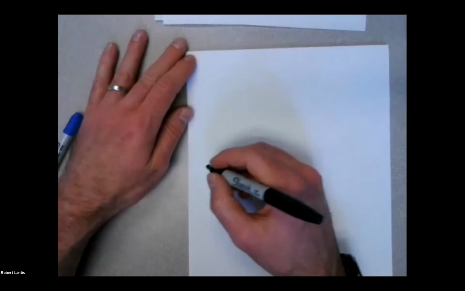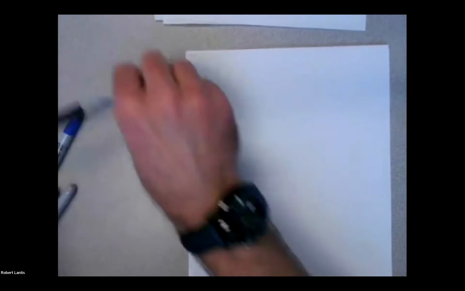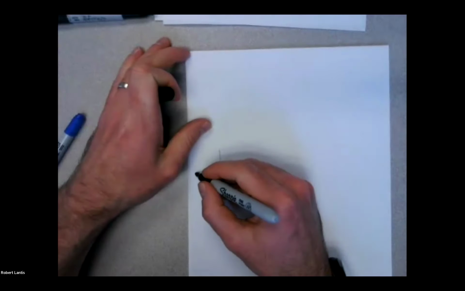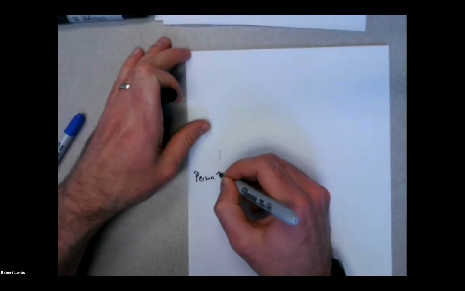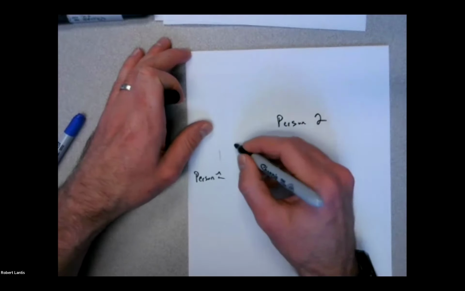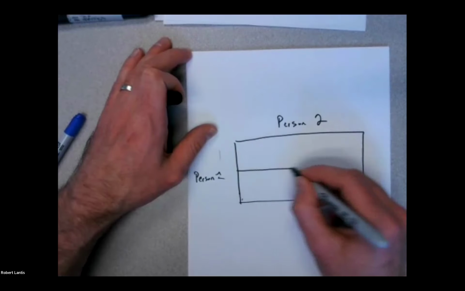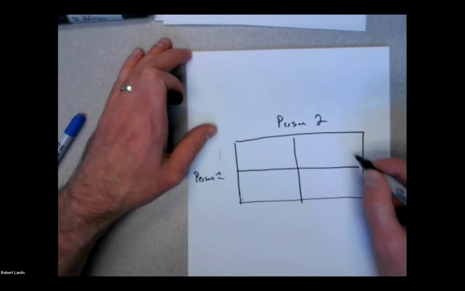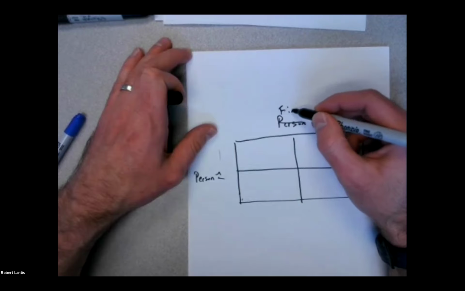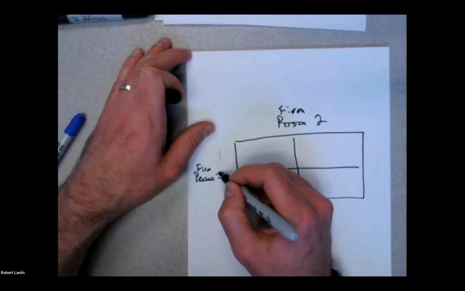Here we go. So let's think about it like, here we've got person 1 and now person 2. These could be firms as well, right? So maybe it makes more sense to think about these as firms, just for the context of this example.